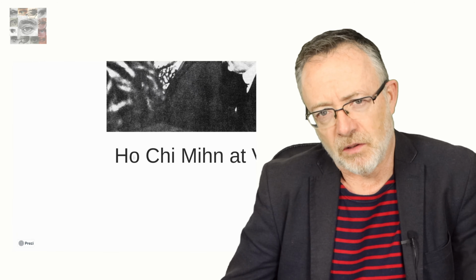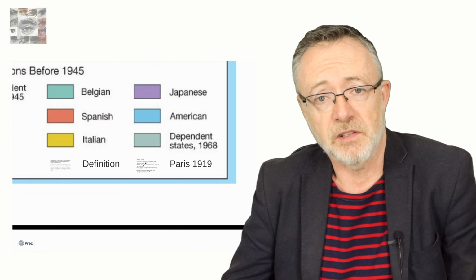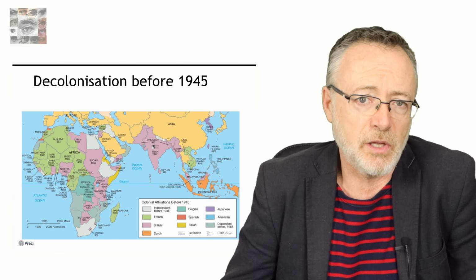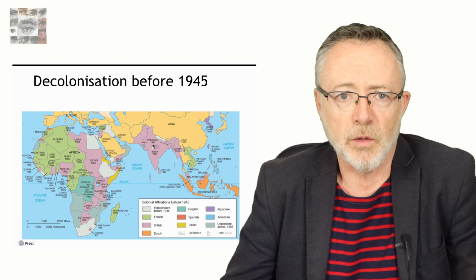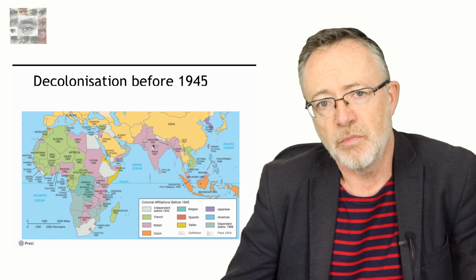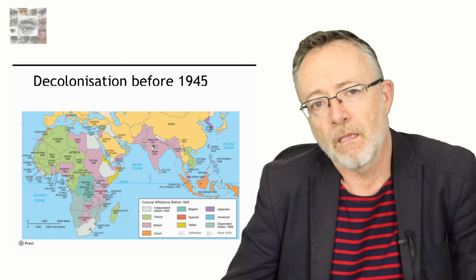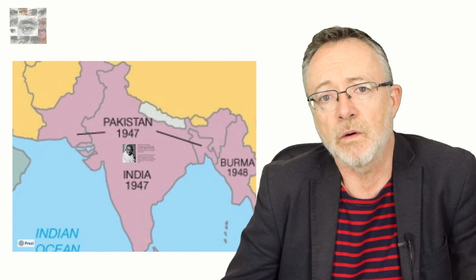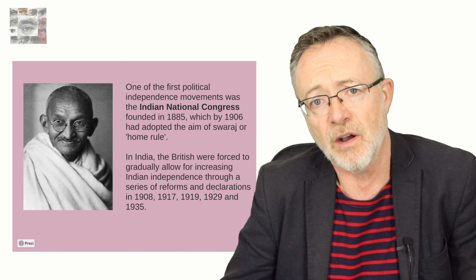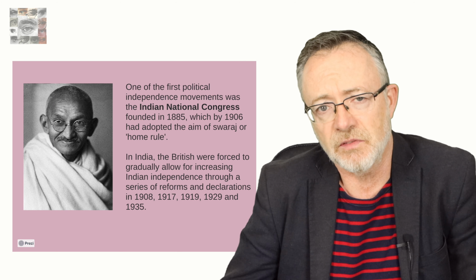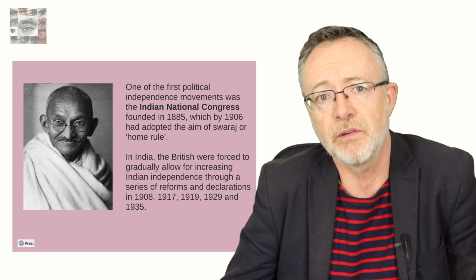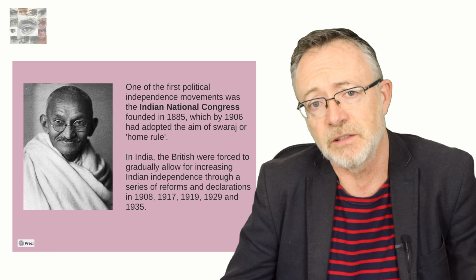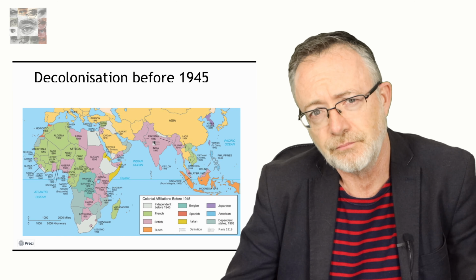The nature of decolonisation after 1945, for example, whether the process was violent or peaceful, or whether it was fast or slow, often reflected what had been going on internally within the empire before 1945. One of the first political independence movements, the Indian National Congress, was founded as early as 1885, and power had gradually shifted away from British direct rule through a series of landmarks, which culminated in the Government of India Act in 1935.